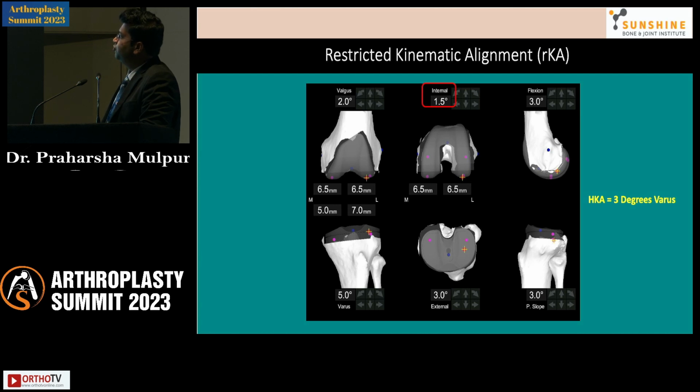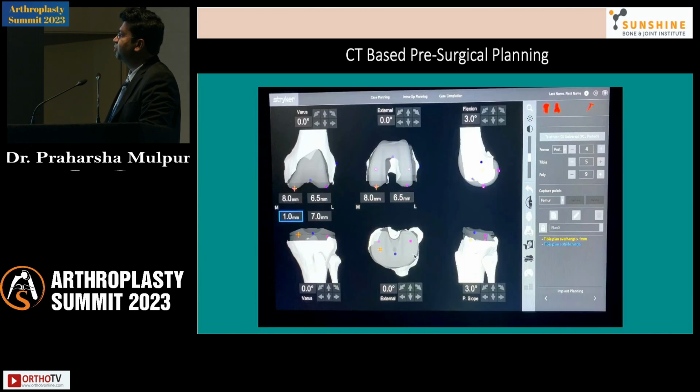So this is how you restrict it. We have reduced from 7.5 to 5 because the limit of the tibial or femoral positioning is 5 degrees. So 5 minus 2 will give you an overall alignment of 3 degrees, which is acceptable based on the HKA boundaries of the functional alignment. So this is essentially going to be balancing from pure kinematic. So you're coming down essentially to a restricted kinematic part.